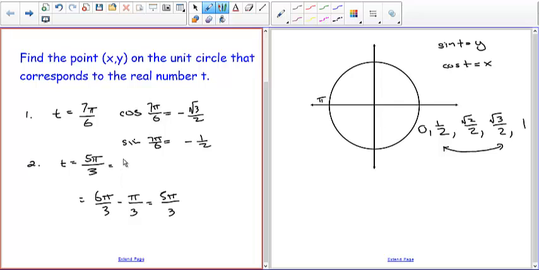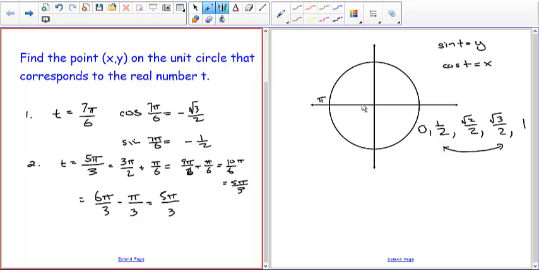Another way to think about it is if you take 3 pi over 2, which is the negative y-axis, and you add pi over 6. 3 pi over 2 multiplied by 3 over 3 gives 9 pi over 6, plus 1 pi over 6, 9 plus 1 is 10, so you get 10 pi over 6, which reduces down to 5 pi over 3.